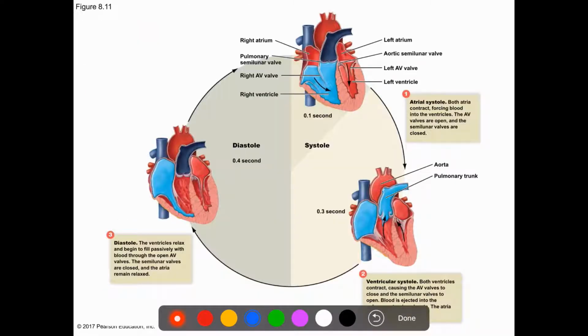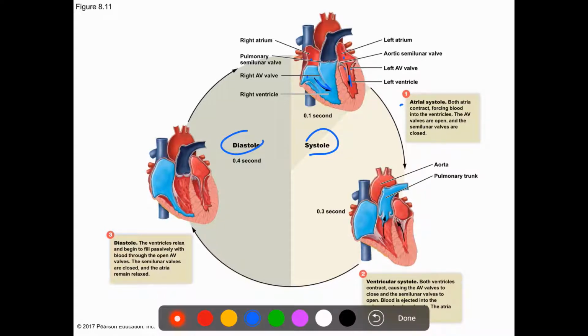This image summarizes the overall cardiac cycle. As we said, we have the systole and the diastole. The first one is the atrial systole. Both atria are contracting to push the blood into the ventricles.